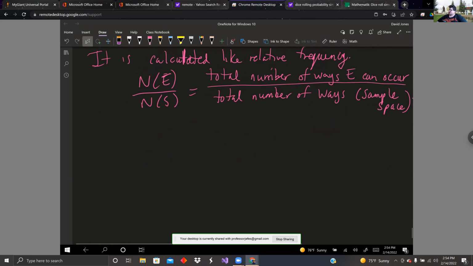All right. So 2 ways of doing it. We got our classical method. Classical method for determining probability.